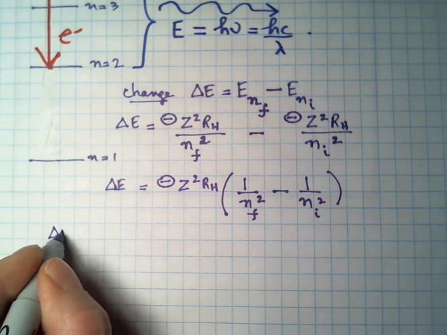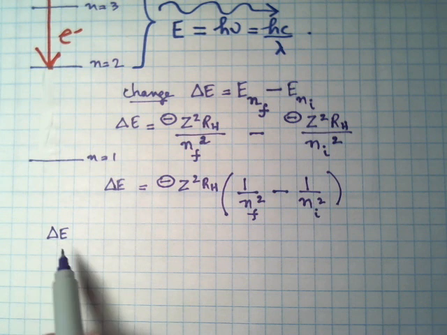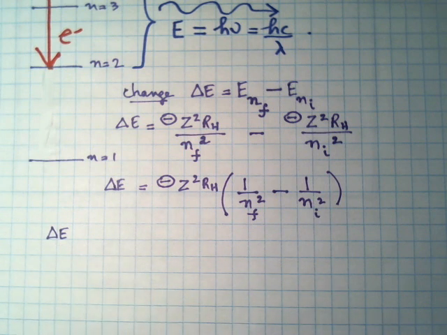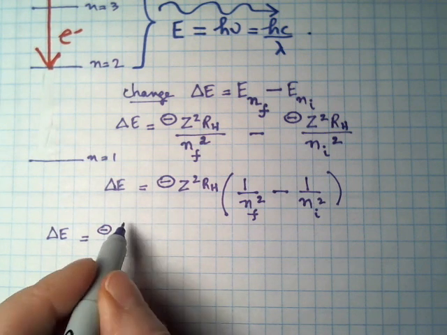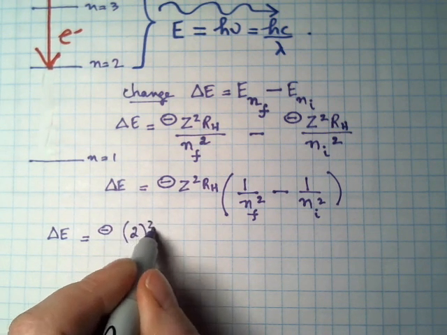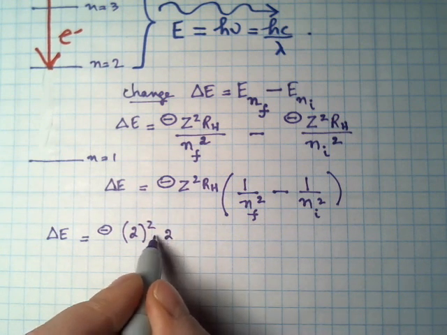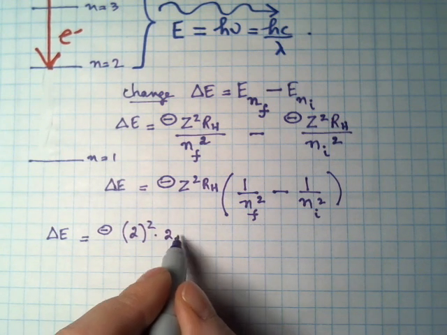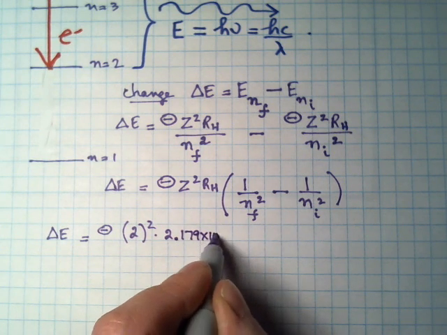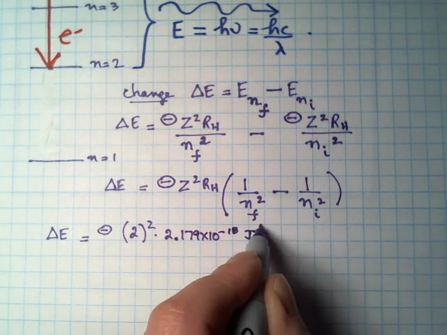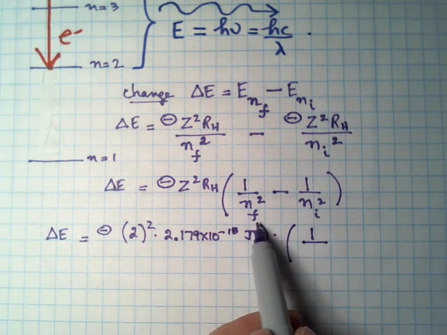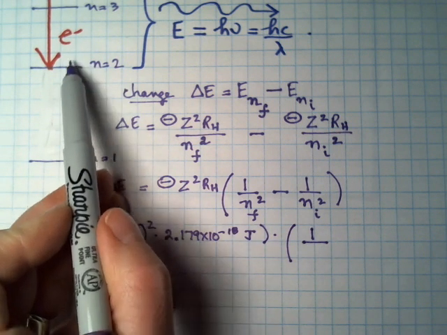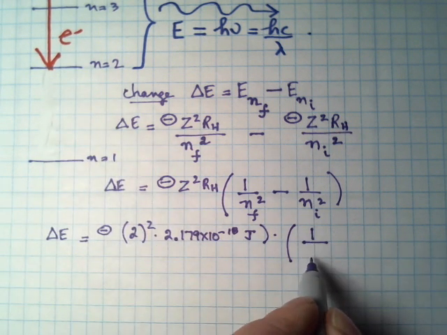So my energy that is emitted as light, this change in energy that occurs when it falls down, is equal to negative. What is Z? It's 2 for helium, so I have 2 squared times, I put a dot for multiplication, 2.179 times 10 to the minus 18 joules, and then that's multiplied by a 1 over its final resting place, as some students call it, the final n level where it relaxes, which was 2.